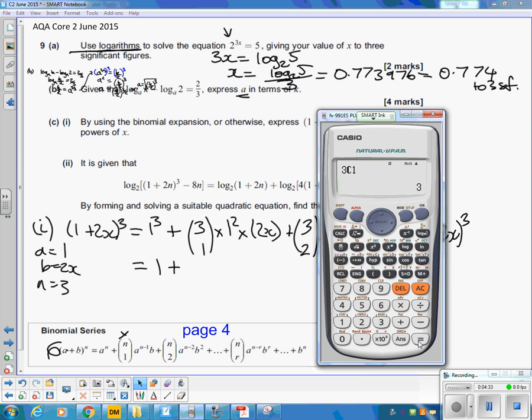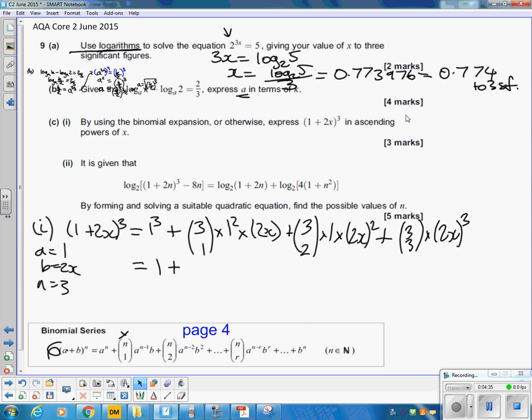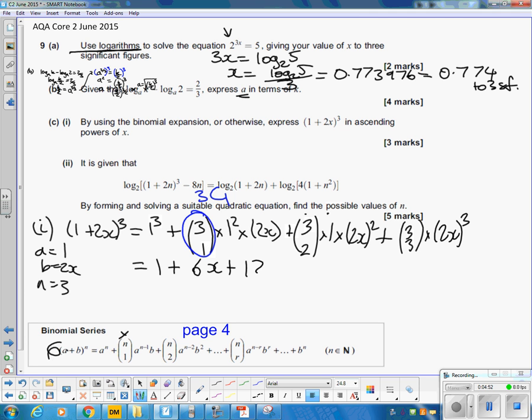So we've got this notation here, which means in your calculator 3c1. So that's 3 times 1 times 2. So that's 6x. Now 3c2 is also 3, so we've got 3 times 1, and the 2 squared, so that's 4. So 3 times 4 is 12x squared.